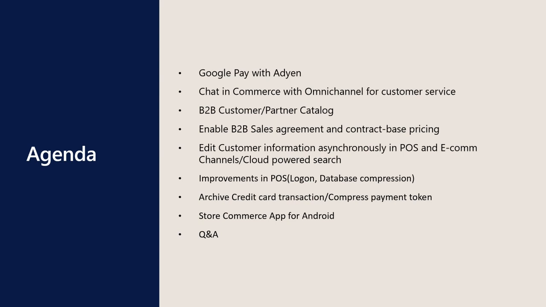That way you can easily tell which configuration is missing in POS by clicking that button in HQ. And then we'll talk about how we can help you with holiday readiness by giving you some recommendations related to archiving credit card transactions and the payment tokens. At the end, we'll cover an exciting feature that just went GA, Store Commerce app for Android, just in time for holidays for line busting.